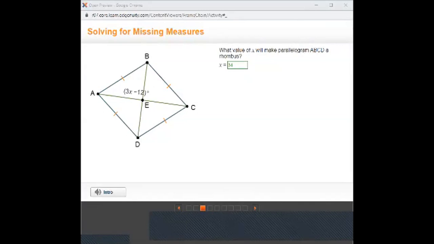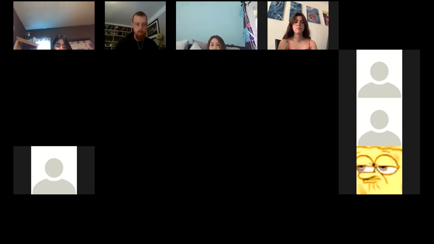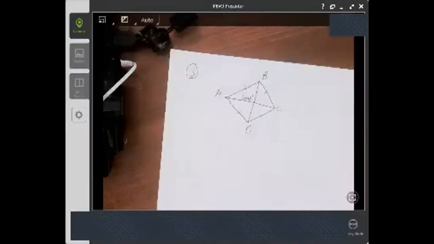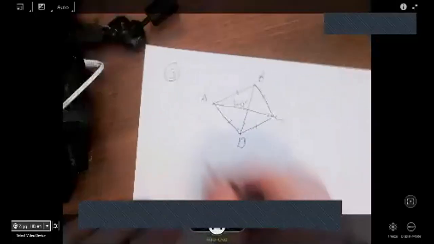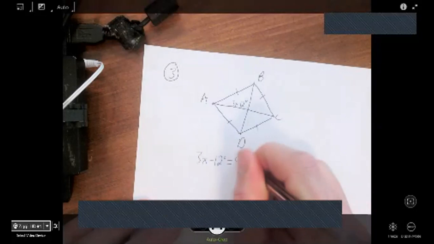When they intersect, what kind of angle do you end up with? Right. A 90-degree right angle, that is correct. So that means that angle measure that they gave us in terms of x, 3x minus 12 degrees, has to equal 90. So 3x minus 12 degrees is equal to 90 degrees.